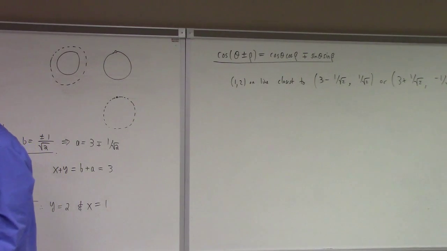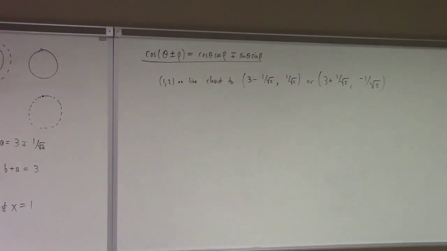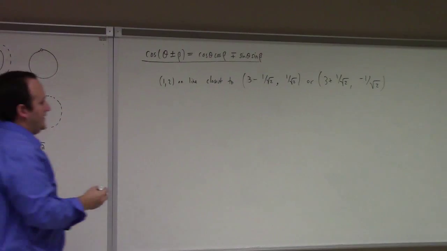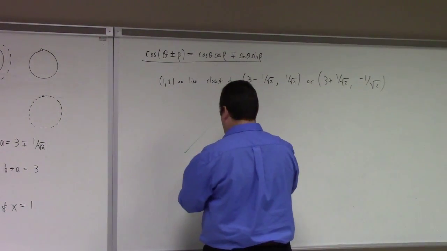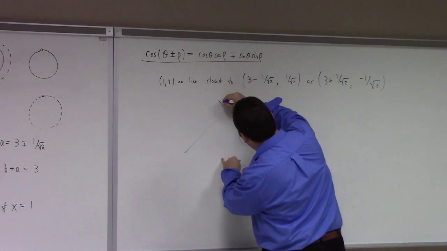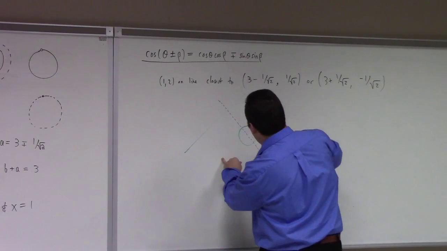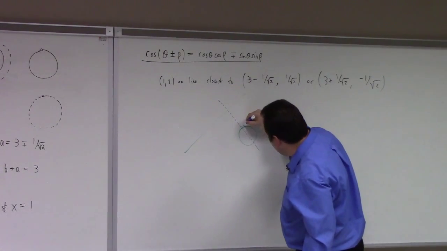Now, here's an example of the non-compactness misleading us, right? One of these answers is indeed the closest point. The other one is, of course, not the furthest point. Geometrically, you can see that from the start of all this. So if you think about the answer, here's my line, here's my circle, and what this analysis just found for us was the honest to goodness closest point right there.